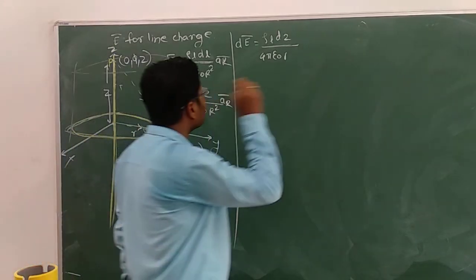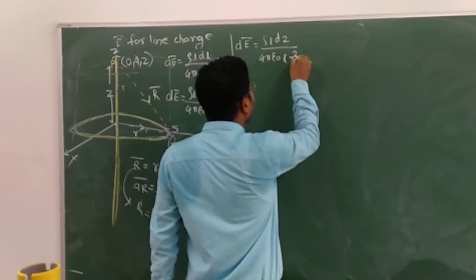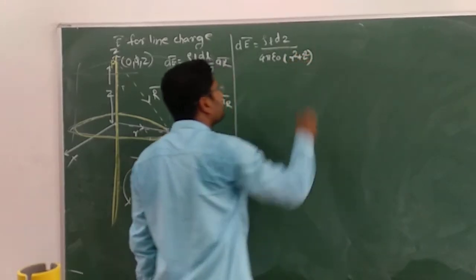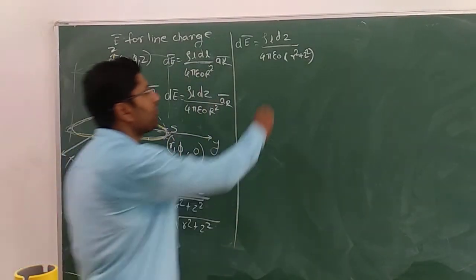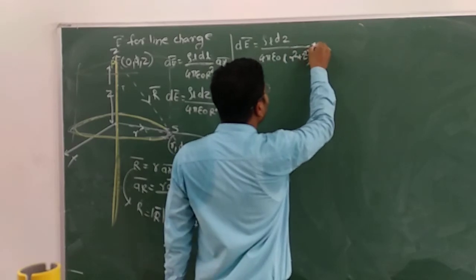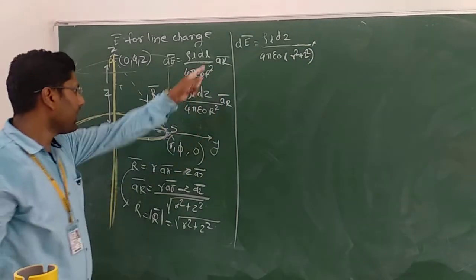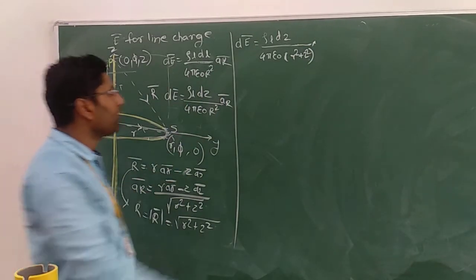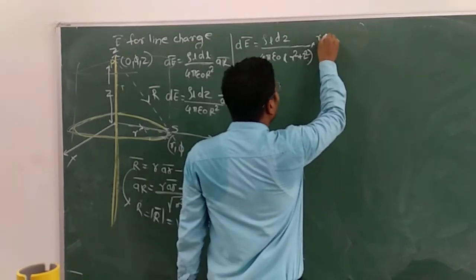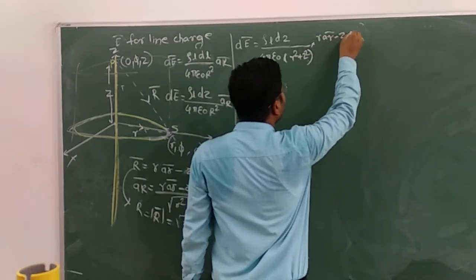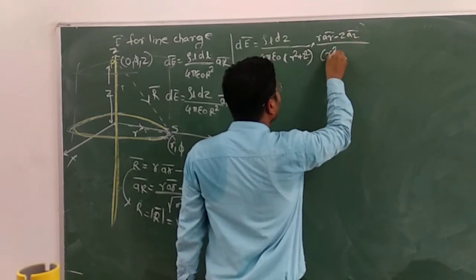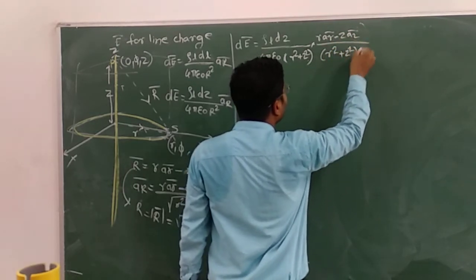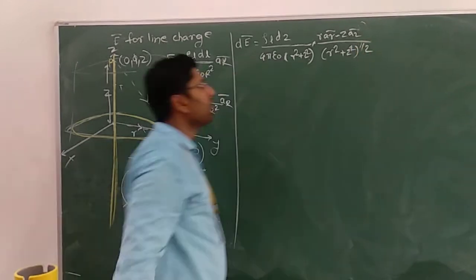So R square means R square plus Z square, and the root and 1 by 2 will get cancelled. So R square plus Z square into aR bar. What is aR bar? aR bar is available here: (R aR bar minus Z aZ bar) divided by (R square plus Z square) raised to 1 by 2.